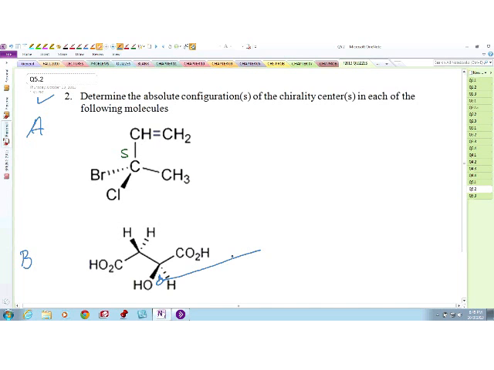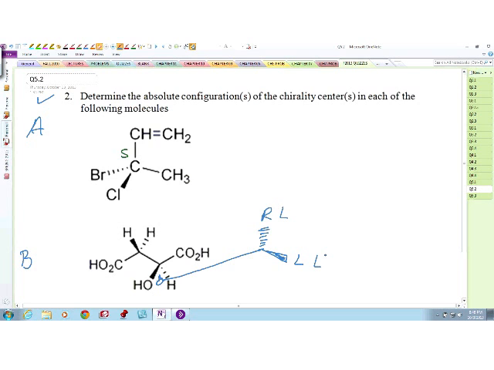So if I do that, this here will be my right leg, and this here will be my left leg.